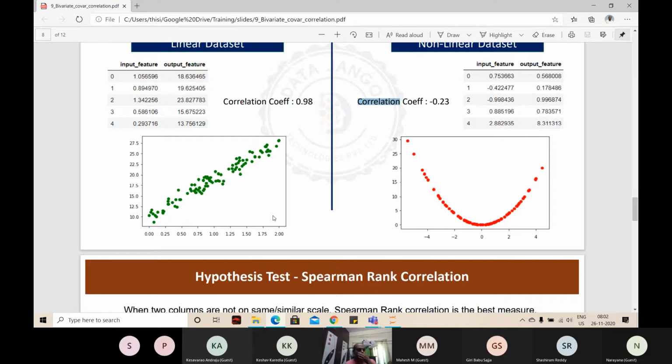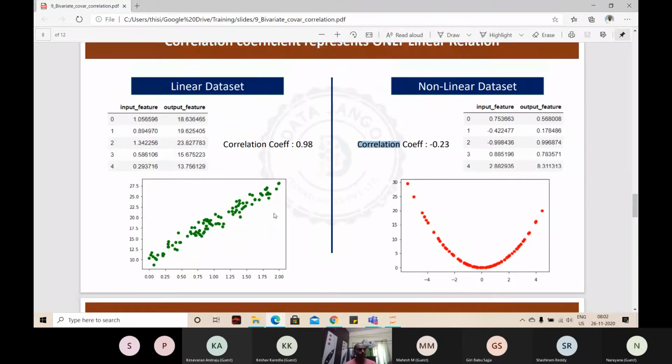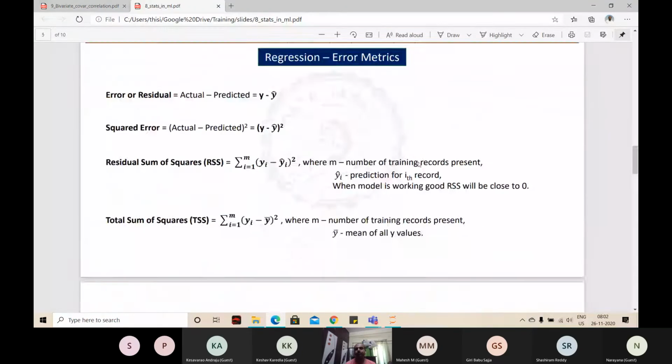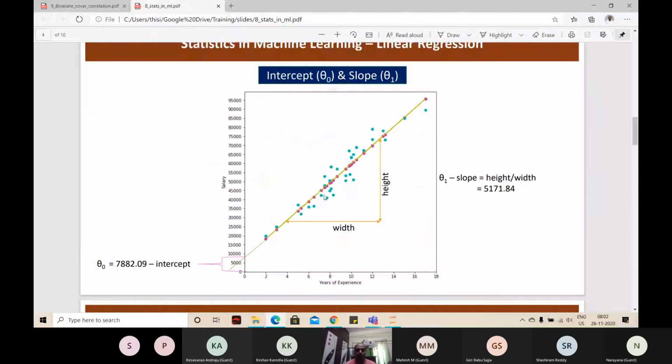When you look at the correlation coefficient, you will understand linear relationship. If most of the features are related, you can choose an algorithm which tries to derive a linear pattern. Getting it? In our previous class, we used linear regression. Let me show you that. When we used linear regression, the algorithm found a straight line through the data.